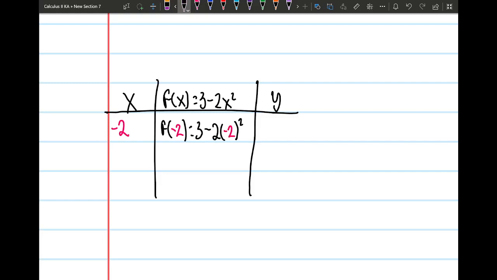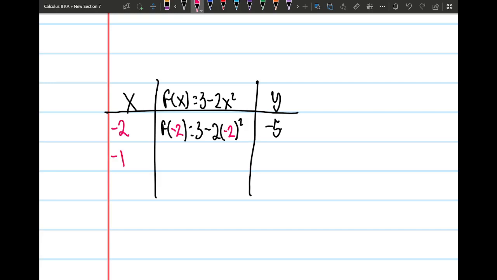This becomes 3 minus 2 times 4, since -2 squared is 4, and then 3 minus 8, which becomes -5. So when x equals -2, y is equal to -5.